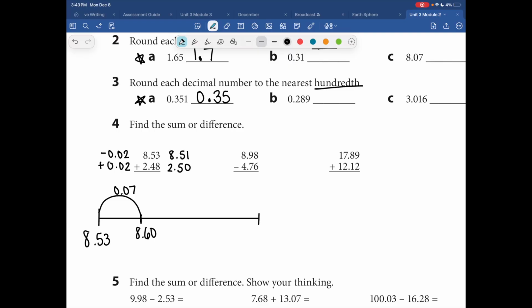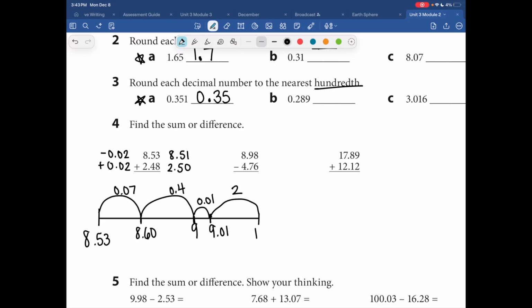So then I could add 4 tenths. That would get me to 9. Add that 100th. So then I have 9 and 100th. Should have made my number line a little bit longer.